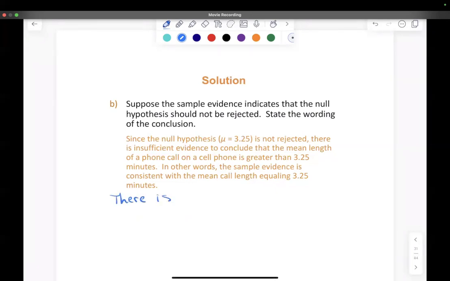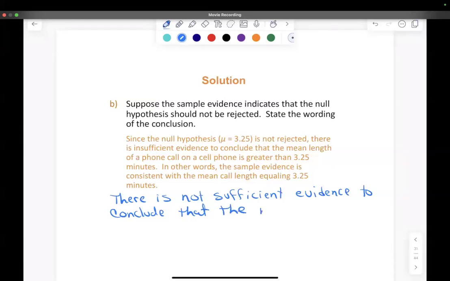There is not sufficient evidence to conclude that the mean cell phone call is greater than 3.25 minutes.